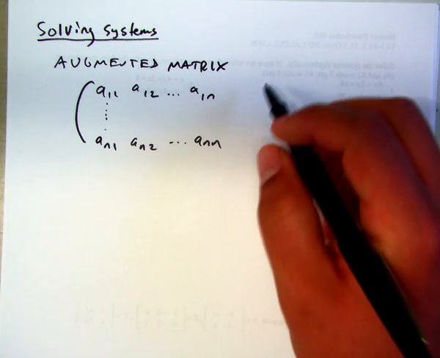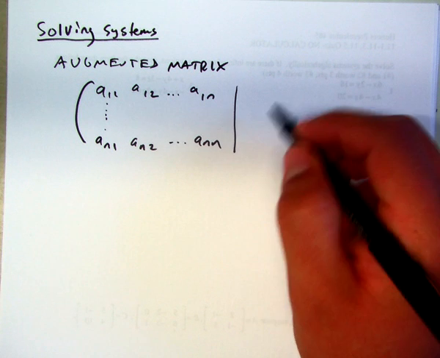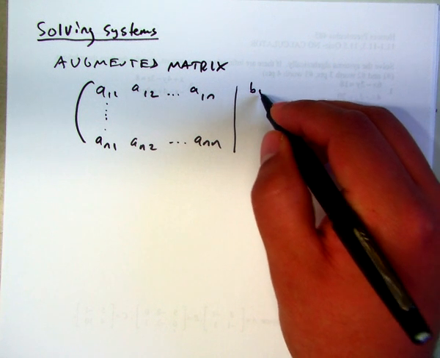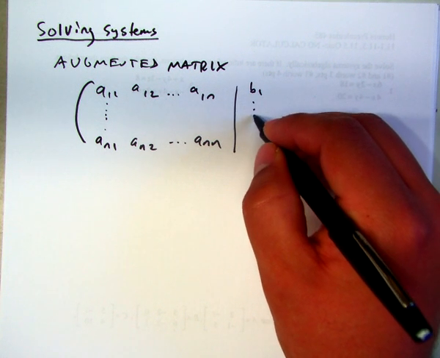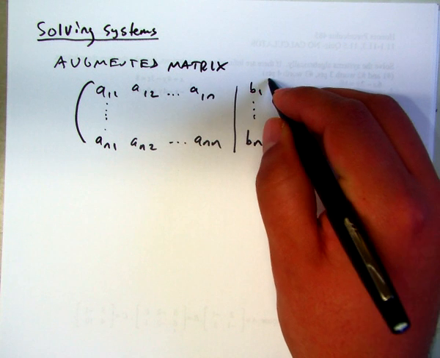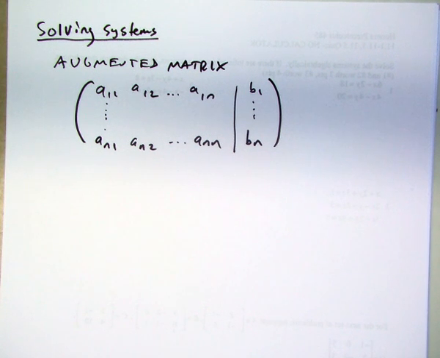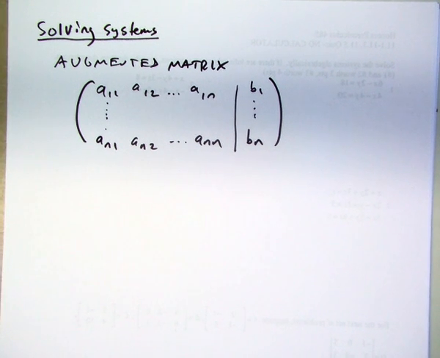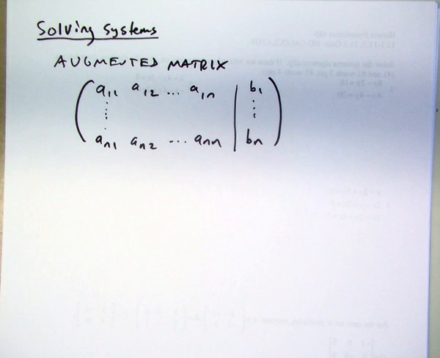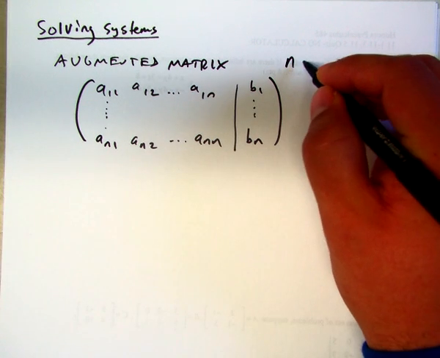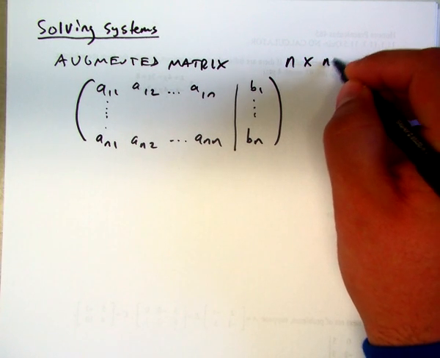And in addition, you have this extra column, which is why we call it an augmented matrix, attached to the coefficient matrix. So this is technically an n by n plus 1, since we're adding in that extra column.